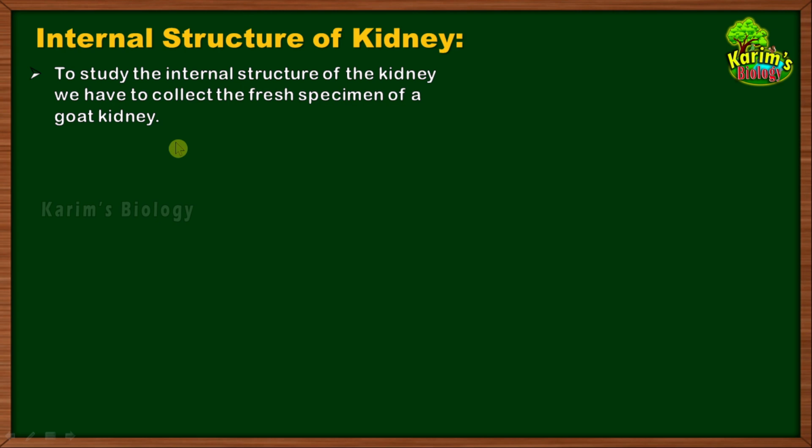You can go to a butcher's shop, collect the specimen, bring it to the lab, and do the activity very easily. As goat and human beings are both mammals, the internal structure of the goat's kidney will be exactly similar to that of human beings.